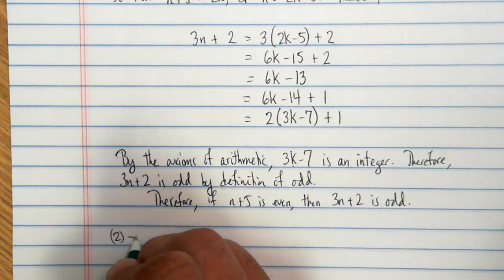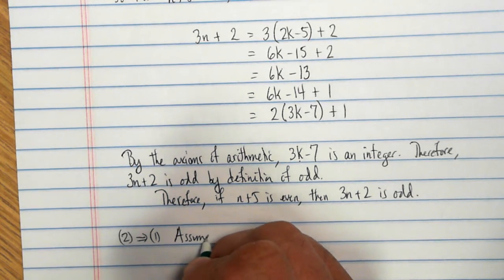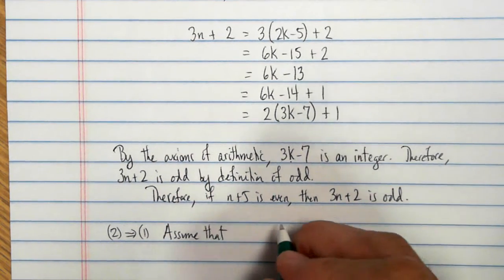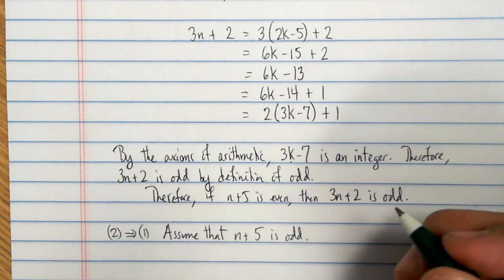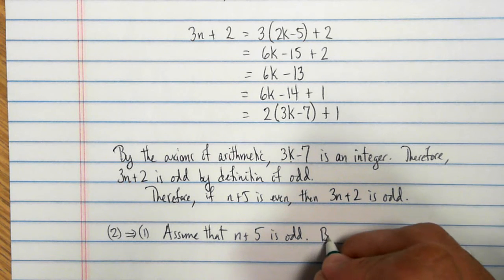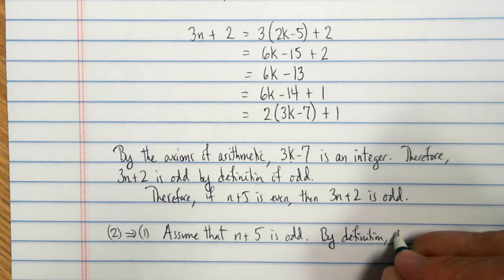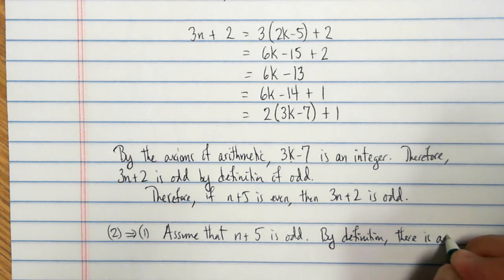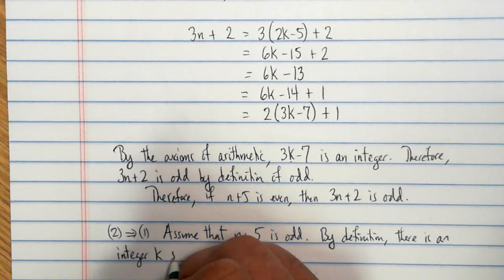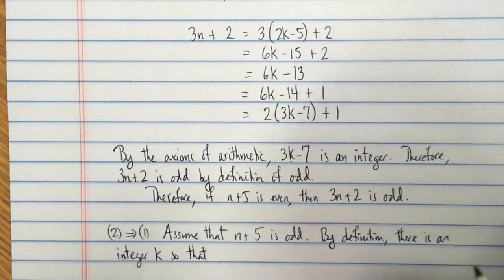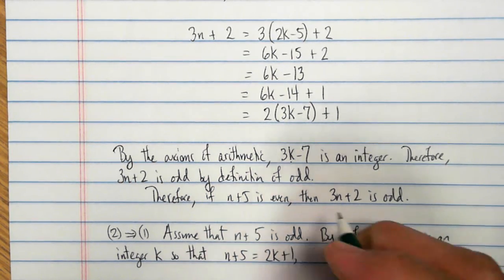Next, we're going to show that 2 implies 1. So assume that n plus 5 is odd. By definition, there is an integer k so that n plus 5 is equal to 2k plus 1.